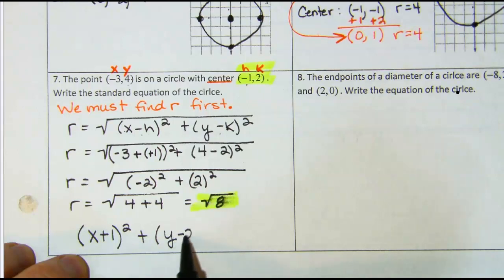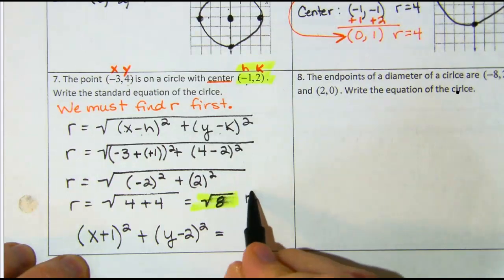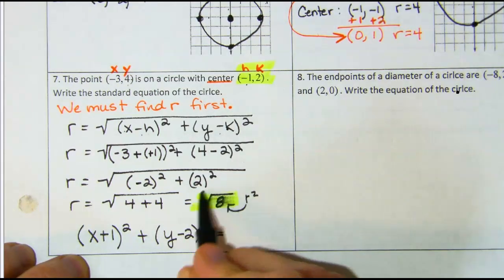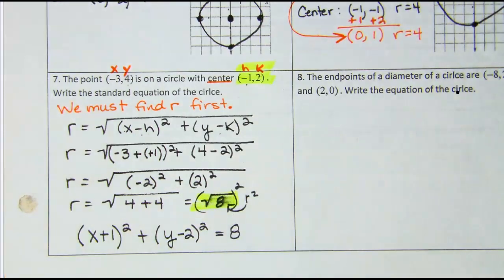Y subtract 2 squared equals r squared. Now when I do r squared here and I square the square root 8, that's going to make it drop out and just become 8. So that is going to be a lot more steps rather than just giving us a picture, okay? But that's how we would do it if they did not give us r.